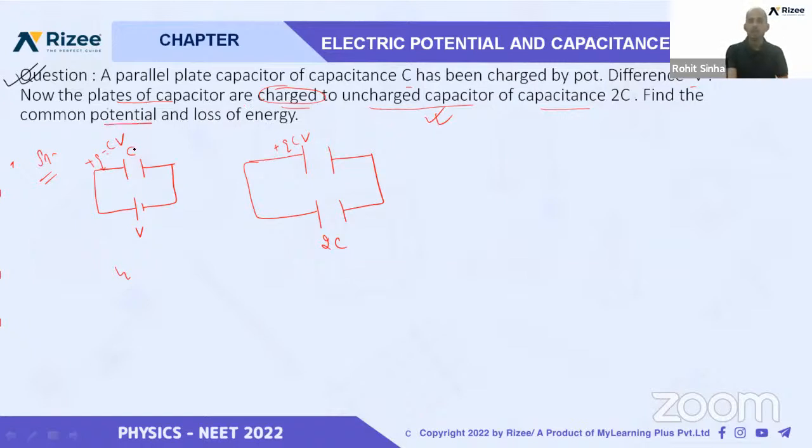What will be the common potential attained here? Some flow of charge will occur from here and it will gain charge here.